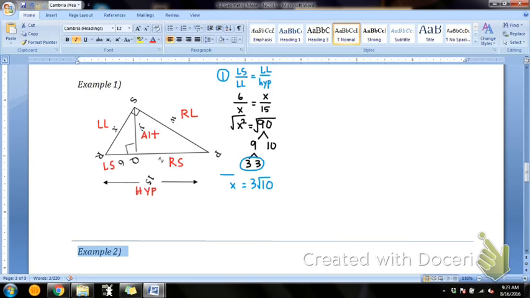So my x value is 3 radical 10. We're going to do the other proportions just the same. So let's set up the second proportion, which was right seg over right leg equals right leg over hypotenuse.